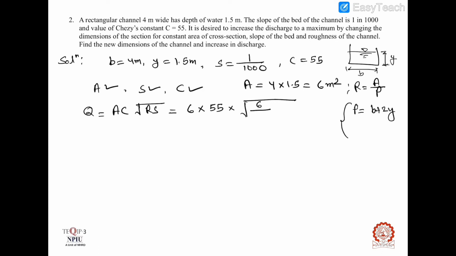Perimeter is the length of the boundary of the channel which is in contact with water. So in this case, the length of the boundary is y plus b plus y, means b plus 2y. So P is equal to, B is 4, y is 1.5, so the perimeter is 7 meter.